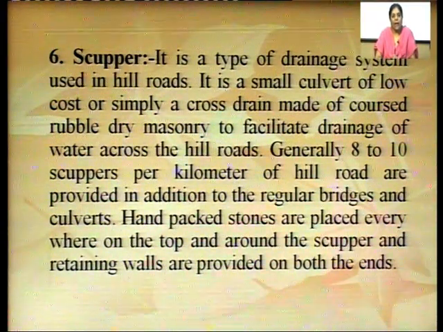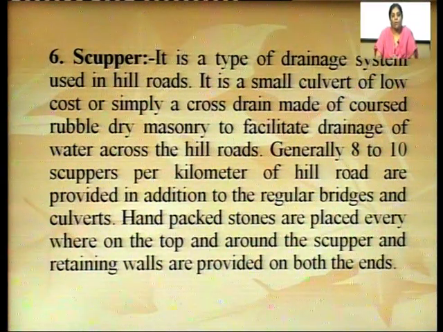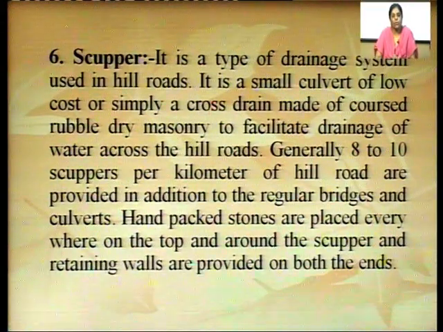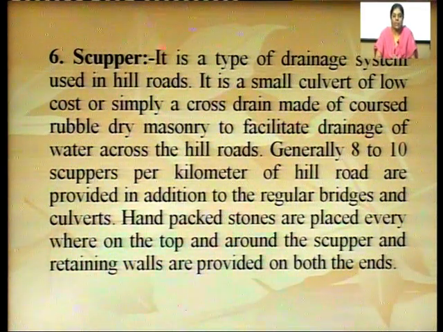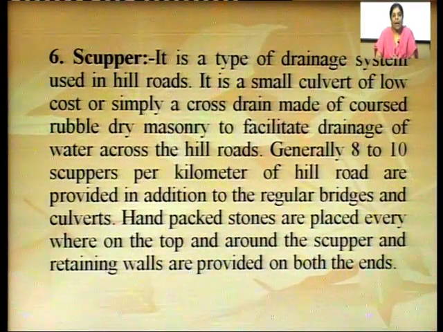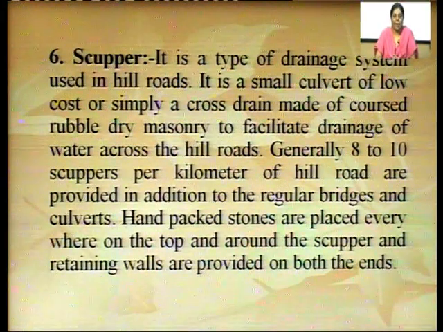Generally, 8 to 10 scuppers per kilometer of hill road are provided, in addition to regular bridges and culverts. Hand-packed stones are placed everywhere on the top and around the scupper, and retaining walls are provided on both ends.